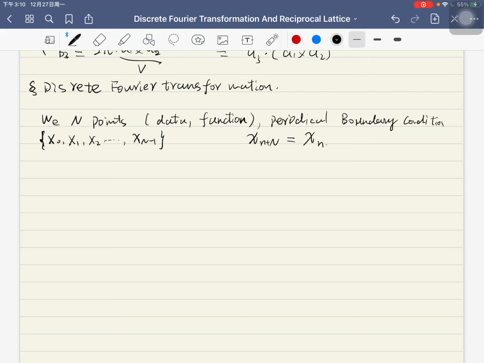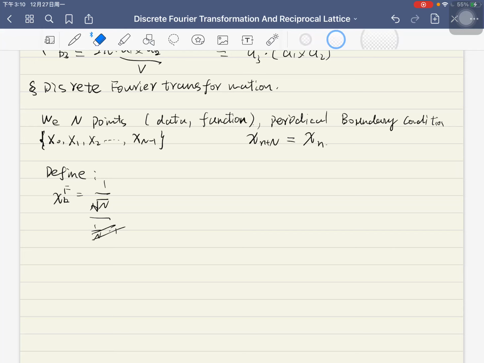We can define the discrete transformation in this way. x tilde k equals a normalization constant, which can be defined in this way or this way.